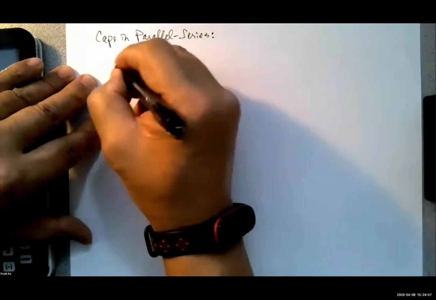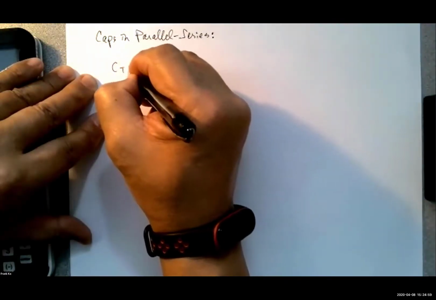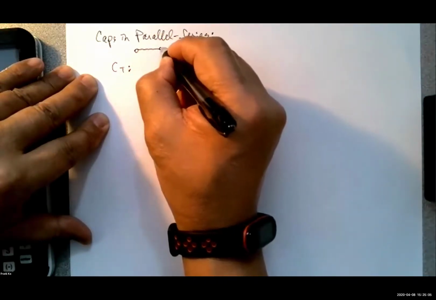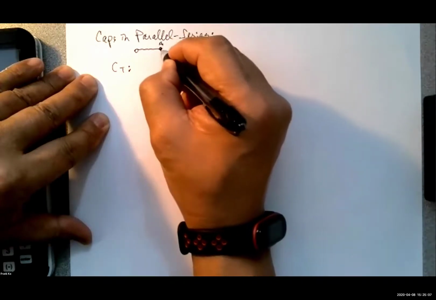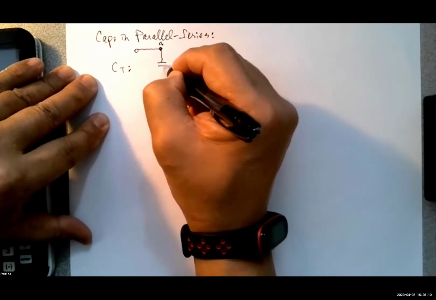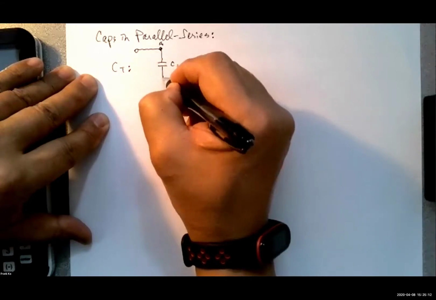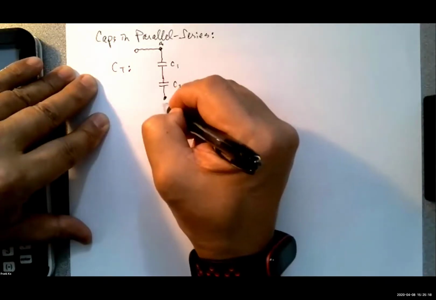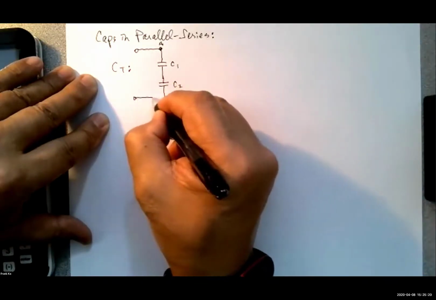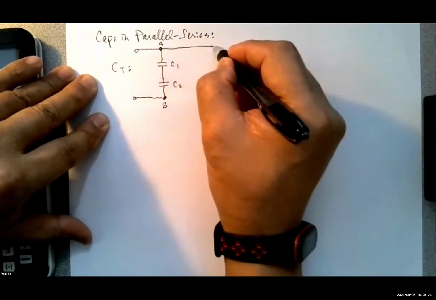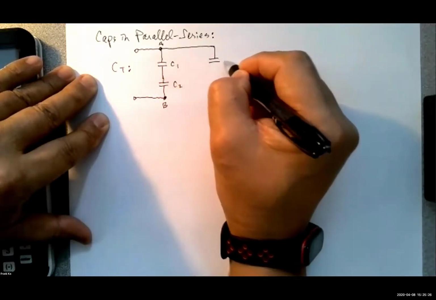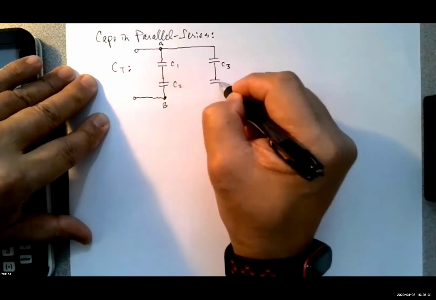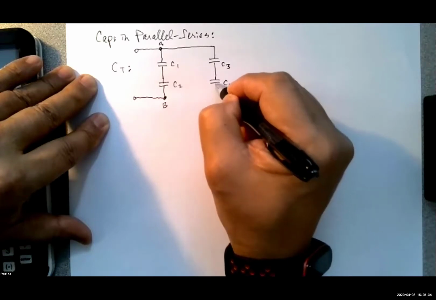So if I show you this and I'm looking for C total, and here is a measuring point, here is a point A, C1, C2, point B, a tap like so, and bring this guy over to here, C3, C4.